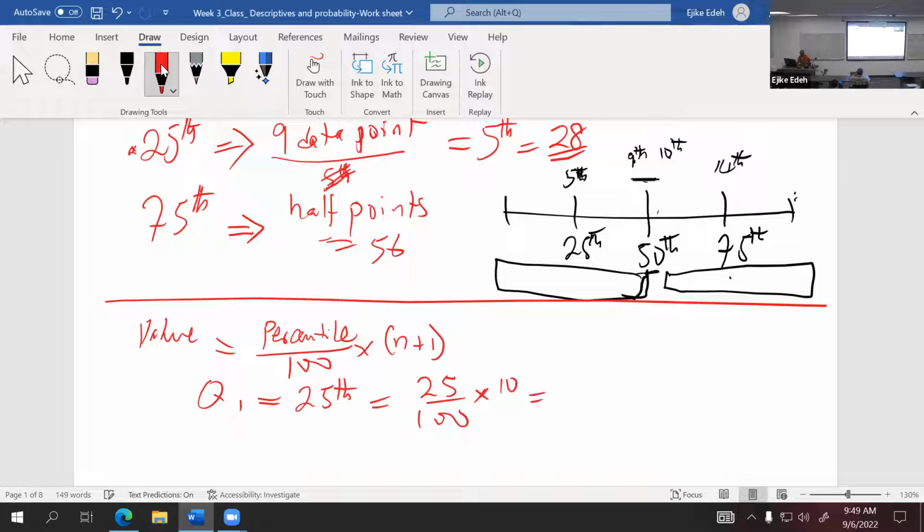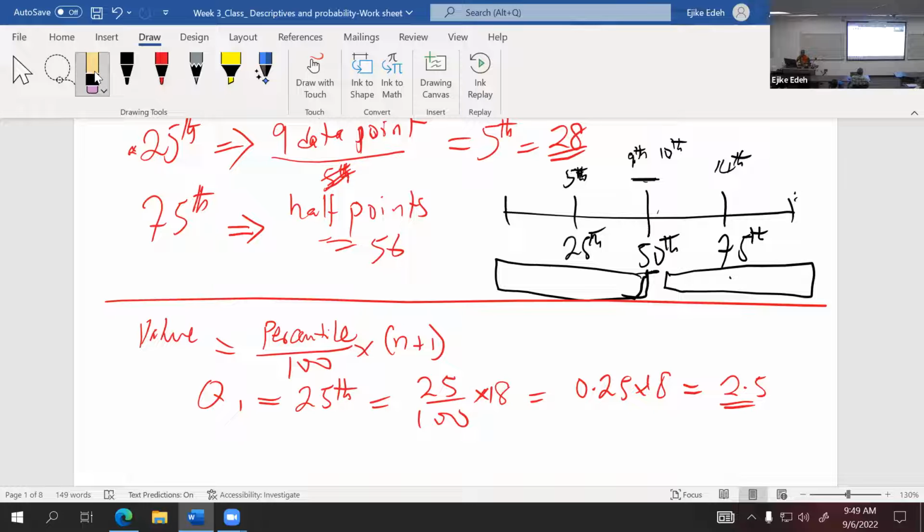All right. So if you do this, is 0.25 times 10, which is 2.5, right? Did I make a mistake there? It's 19. Is it? Oh, this is 18, right? Yeah. Okay.